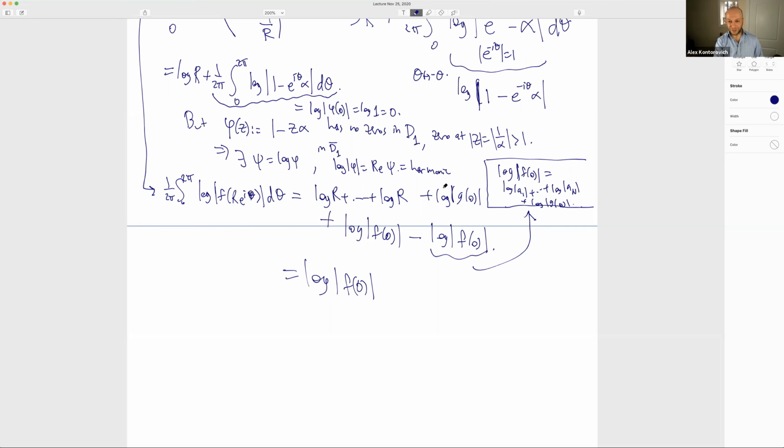I have a plus log g of 0 minus log g of 0, because this is with a minus sign, so g is gone. And then I have the log of the ai and the log of the r, so that's a minus a sum of log of aj over r, as j goes from 1 to n. And that was the claim. That was Jensen's formula. Do you buy that?